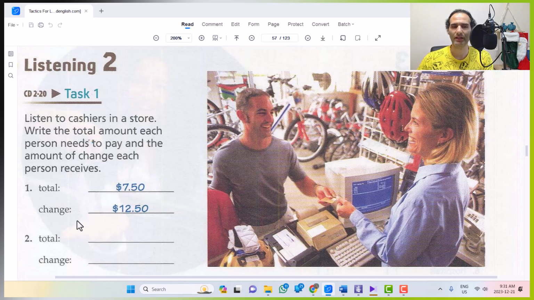That is called the change. So here the numbers are mixed. Or maybe here the total is $7.50 and the change is $12.50. Either will be okay. You got it? So that is the meaning of change. Let's listen.